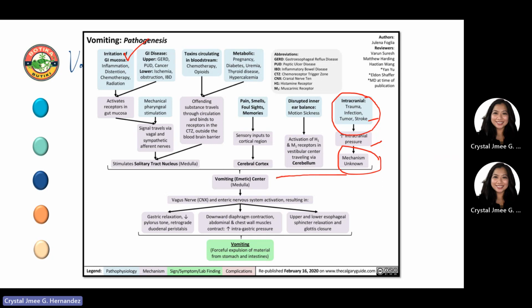Now, there are some triggers that activate different receptors, such as disruption in inner ear balance or basically motion sickness. It will activate the histamine 1 and muscarinic 1 receptors in the vestibular center via the cerebellum. And eventually, it will also lead to the triggering of the vomiting emetic center in the medulla.